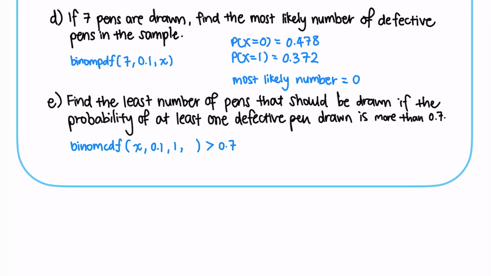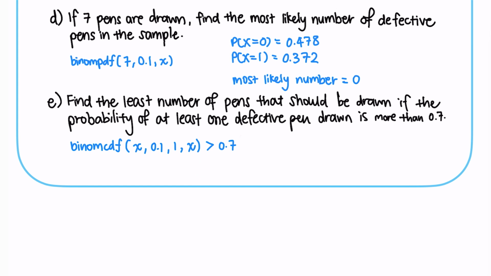So I'll put an X here to vary the number of pens that should be drawn, the number of trials that even takes place. And we know if there's at least one defective pen, the upper bound must also be X. To see why, let's say I get a number of 6 over here. What this is doing is finding the probability that I'll get between 1 and 6 defective pens out of 6 trials.